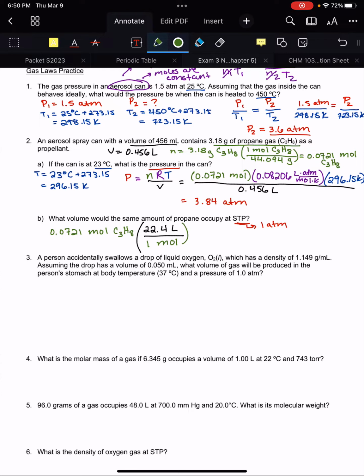So we can go ahead and solve for the volume, and we get a volume of 1.62 liters. If you compare this with what the volume is when it's pressurized, you can see why we would want to pressurize it, because then it will fit in a much smaller can, which is more efficient for shipping and storage.